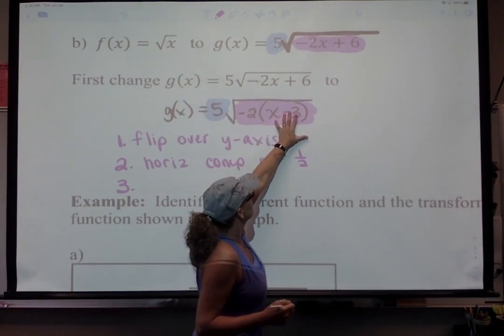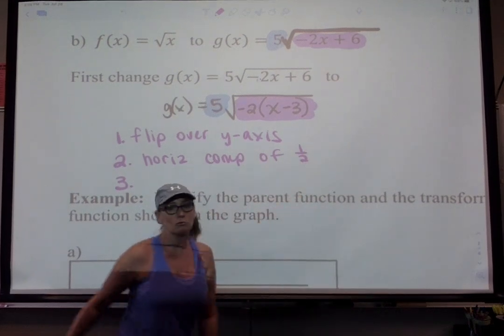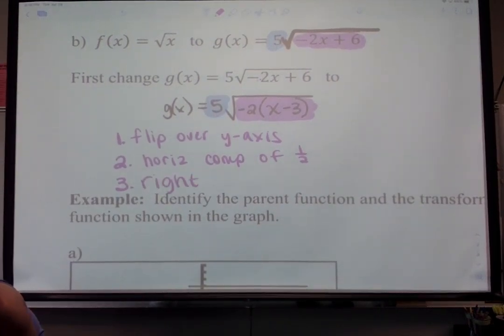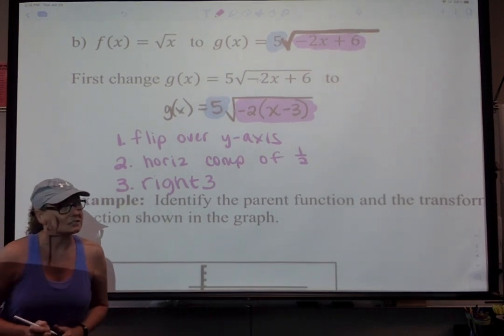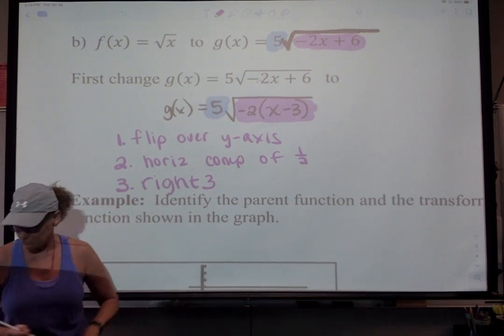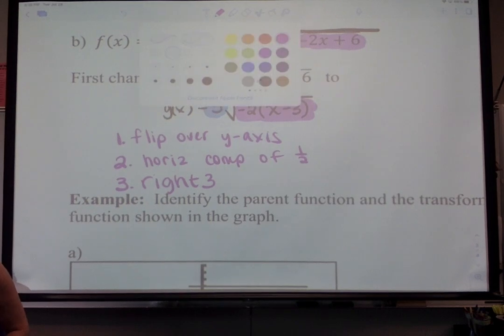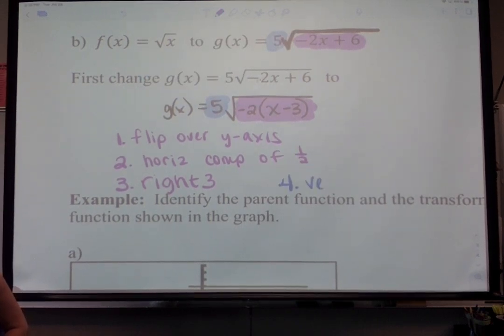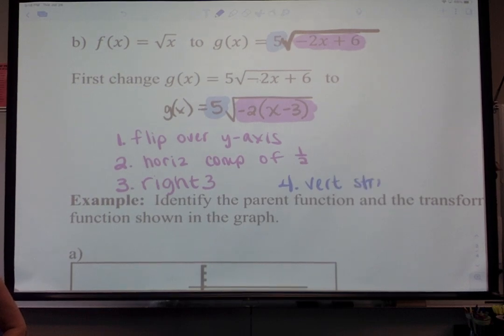This is what's left. Right 3. See? Told you there wasn't a shift of 6. It's got to be in factored form. And then the last transformation, number 4, is going to be a vertical stretch of 5.